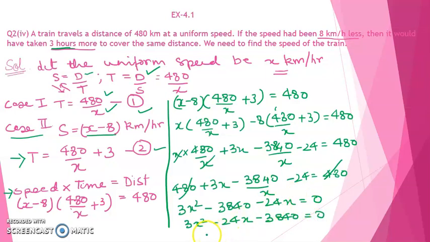Now this is a quadratic equation, students. You can compare this with ax square plus bx plus c is equal to 0. So let me change the side for one minute, students.